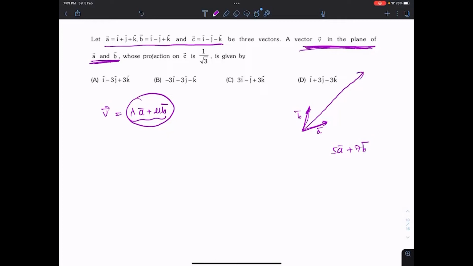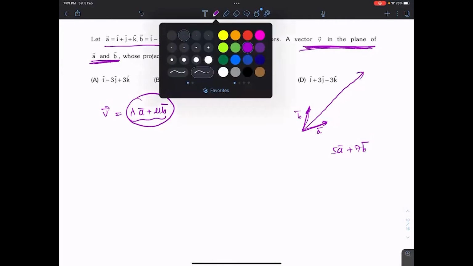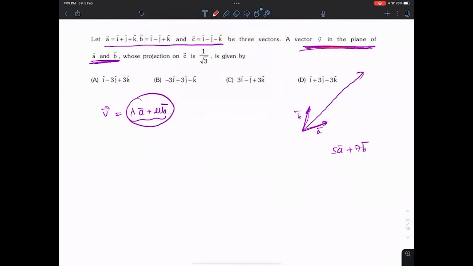So whenever you see this statement, a vector in the plane of A bar and B bar, you can take it like this, or sometimes A bar plus lambda times B bar. Anyone you can choose, but this general one, with a constant for both, is more preferable.